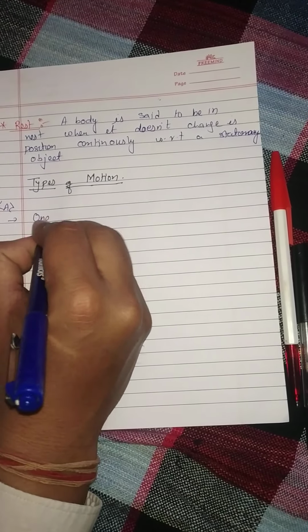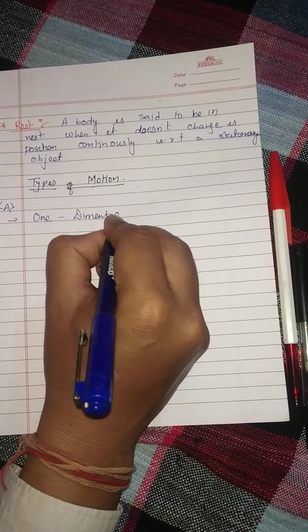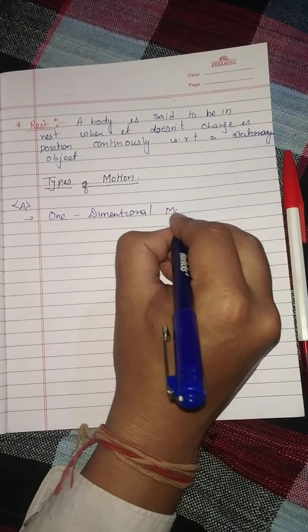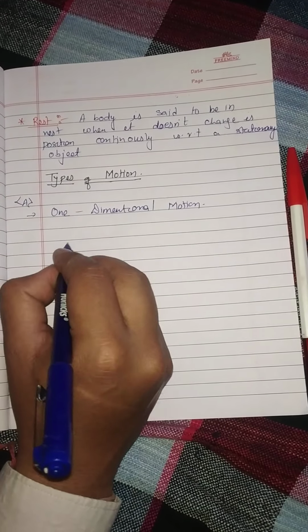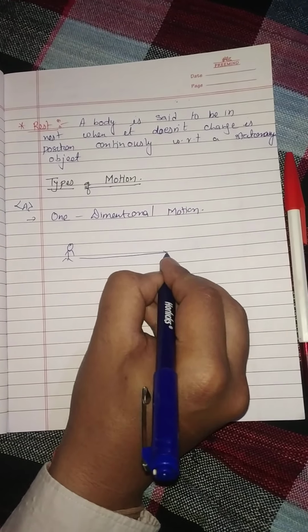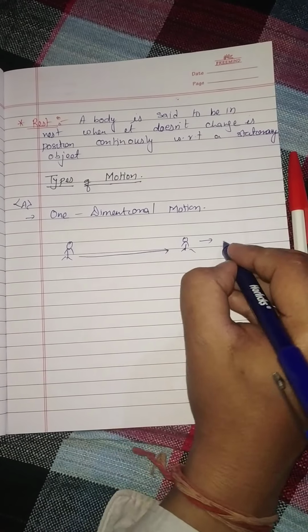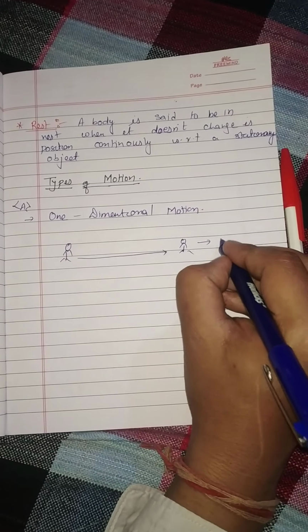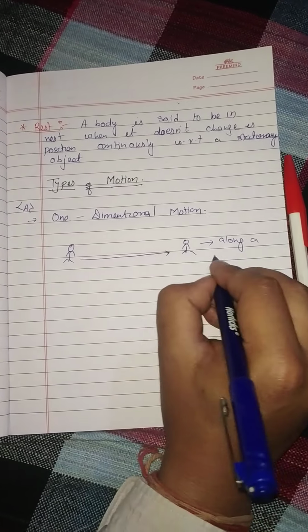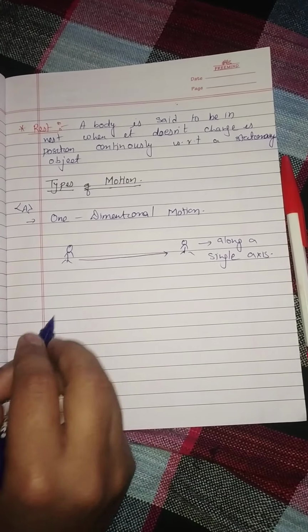First, one-dimensional motion. Example, a man moving in one direction only, just along a single axis.